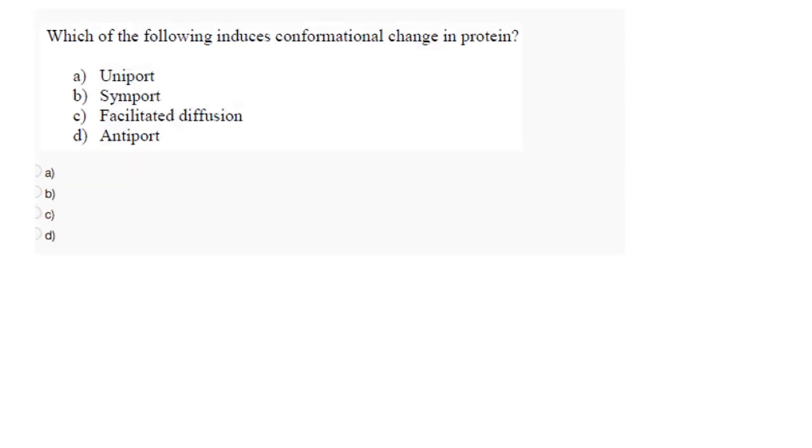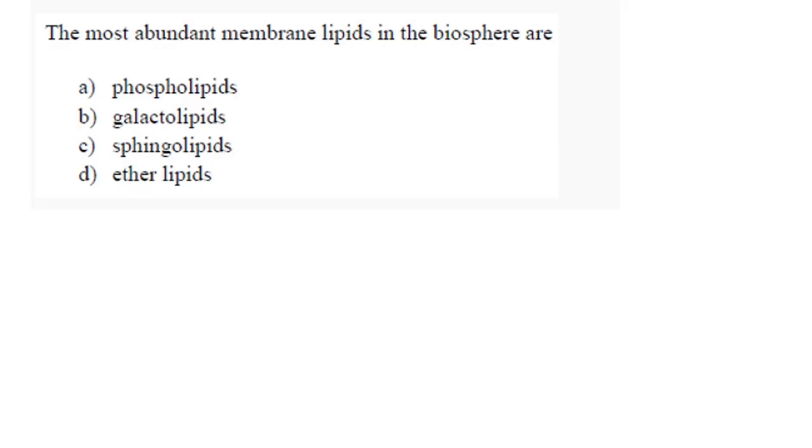Which of the following induces conformational change in protein? It is facilitated diffusion. Option C is correct here. Another: the most abundant membrane lipid in the biosphere is phospholipid, galactolipid, sphingolipid, or ether lipid.